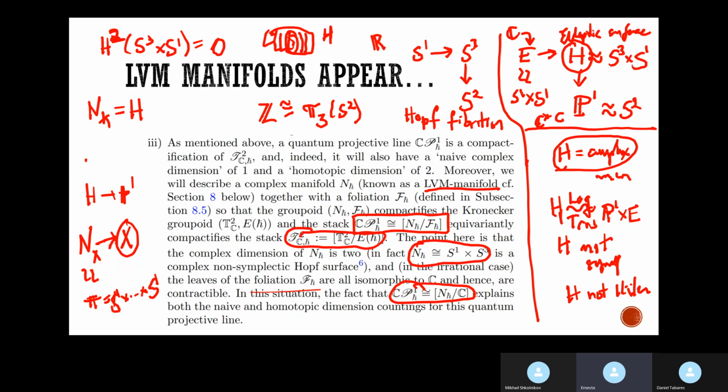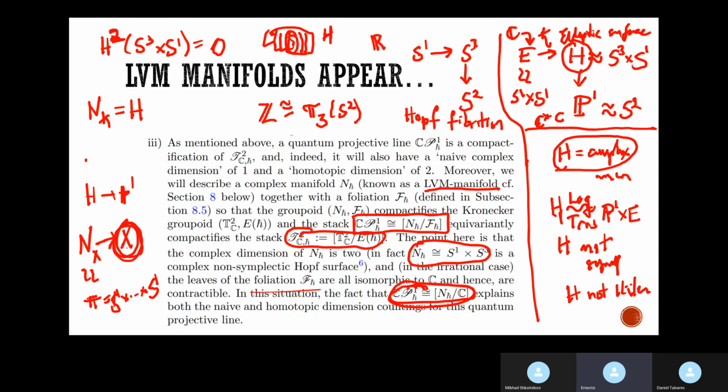But of course, this was just one possible action. Now I deform the action holomorphically. I just deform the action holomorphically a little bit, and I get quantum P1. I have to tell you exactly how to deform the action holomorphically, and I will. In fact, I will tell you the general story for a toric variety.